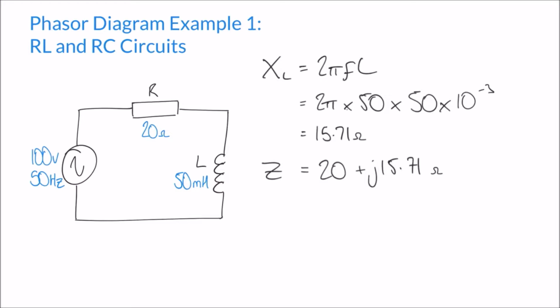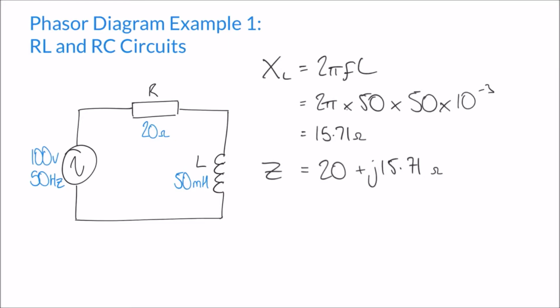Now again, that impedance we can express in polar form rather than in rectangular form, and we're going to use that polar form in just a moment to calculate the current in this circuit, which is also going to be in polar form. It is possible to convert from rectangular form to polar form by using most scientific calculators, which have a polar form function.